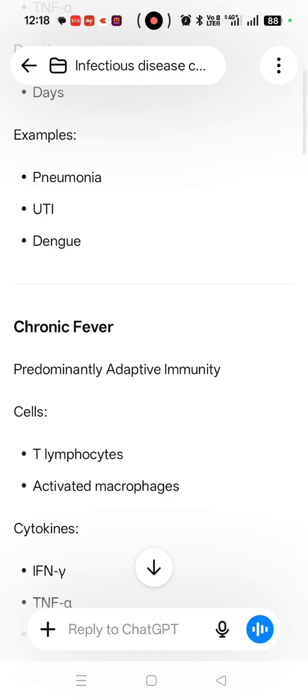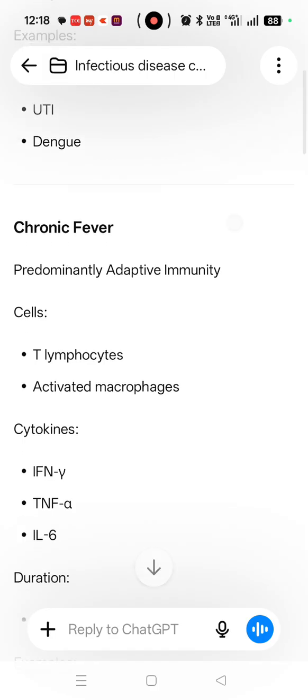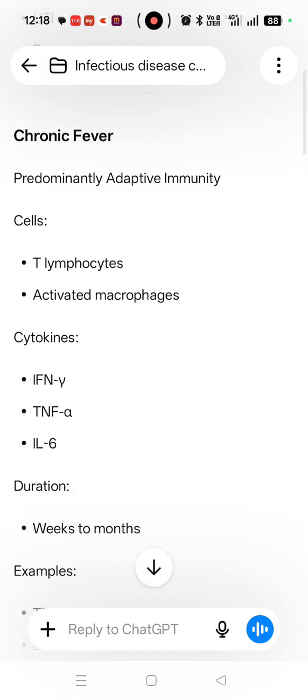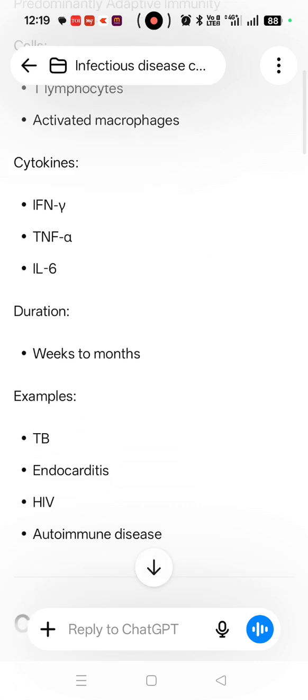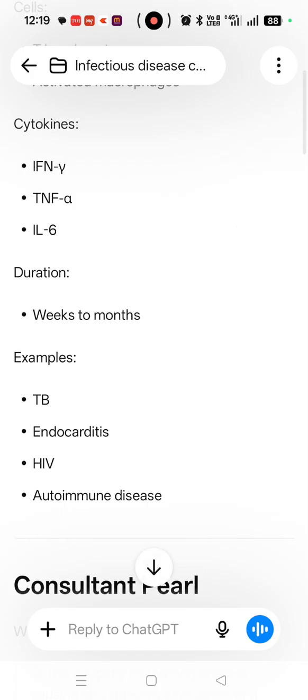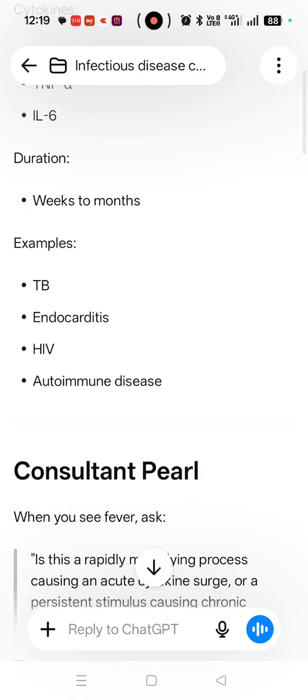Then in chronic fever, you will see predominantly adaptive immunity. T lymphocytes and activated macrophages play a role, and IFN gamma, TNF alpha, and IL-6 are the main cytokines, whereas duration is weeks to months. Examples are TB, endocarditis, HIV, and autoimmune disease.